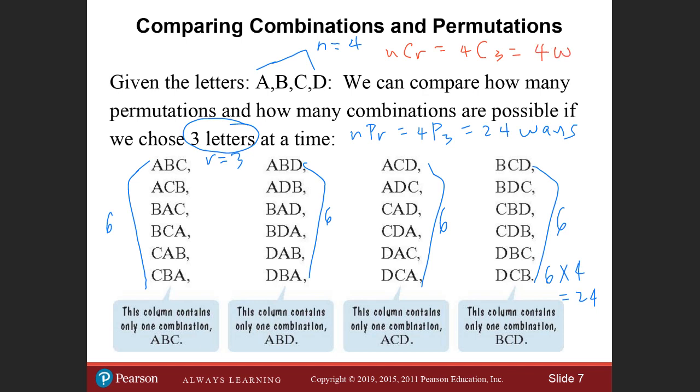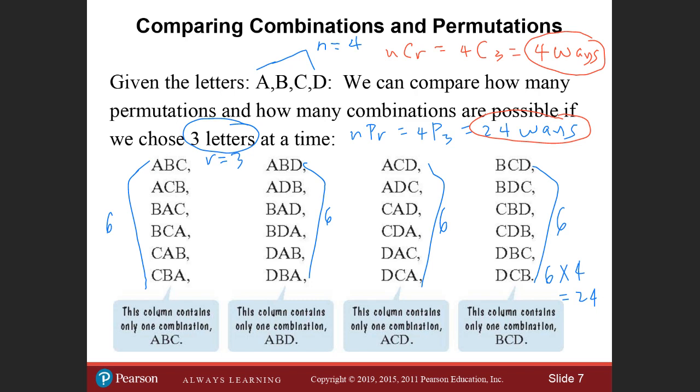So there are only 4 ways because in combination, the order doesn't matter. So it matters only when you're using permutation. As you can see, you have 24 ways for permutation and 4 ways for combination.